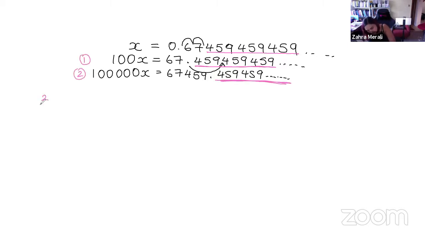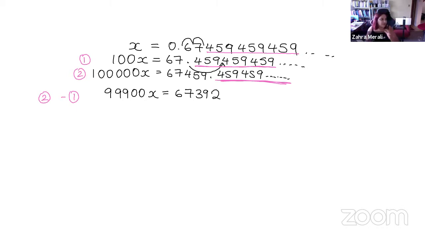So we can do 2 take away 1. So when you've got 100,000x and you're taking away 100x, you're going to get 99900x, and you've got 67459 minus 67 to give you 67392.